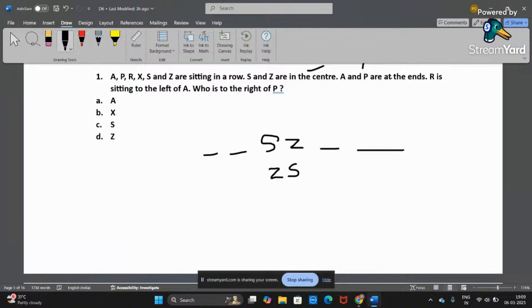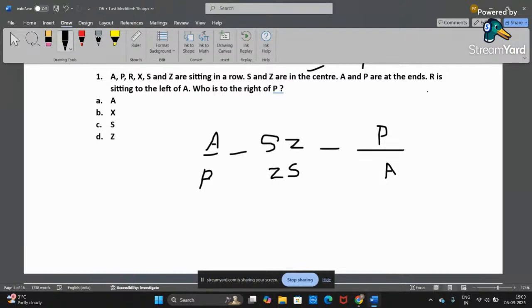A and P are at the ends. So let's write it down. A here and P here. Is this the only possible way? No, right? This can be interchanged. Even P can be at the left hand, and even A can be at the right hand.